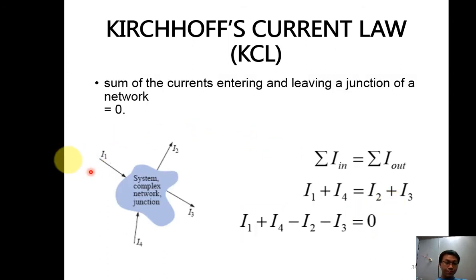For example, here I1 in, I4 in, I3 out, I2 out, which means I1 plus I4 must equal I2 plus I3. Or if I move to here, I1 plus I4 minus I2 minus I3 becomes 0.